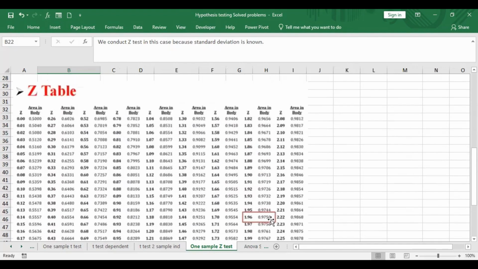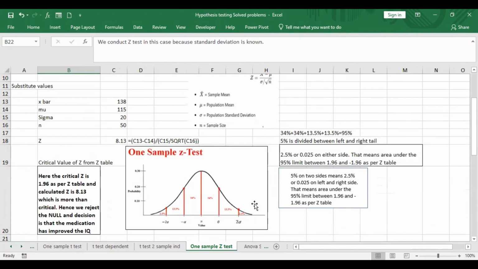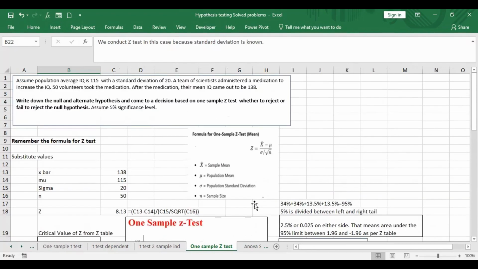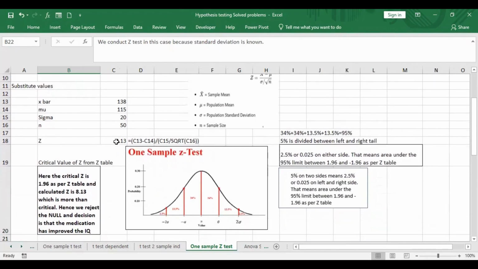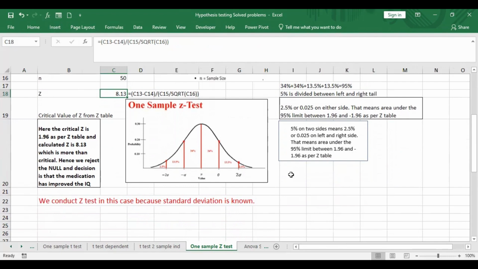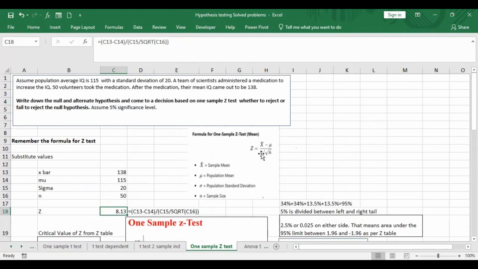So the area in the body, 97.50%, is contained within minus 1.96 to plus 1.96, and therefore Z is more than the critical. Critical is 1.96. It falls here, and therefore we reject the null hypothesis.